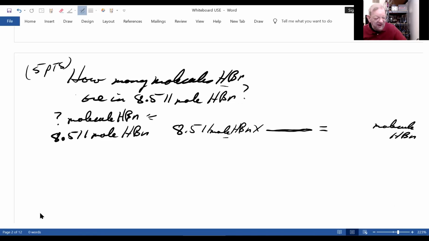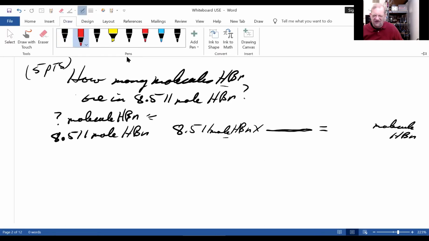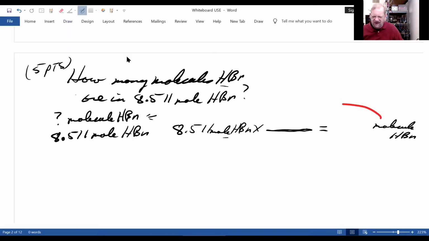And now it's time to use your good buddy, your good friend, unit analysis. Whatever units you're trying to get to, go on top of the ratio. Whatever units you're trying to get rid of, go underneath.